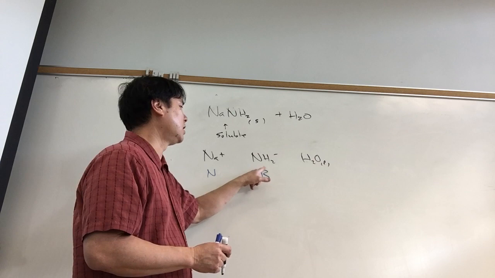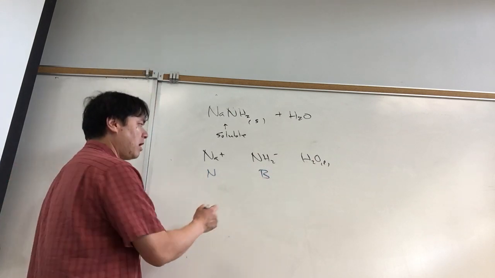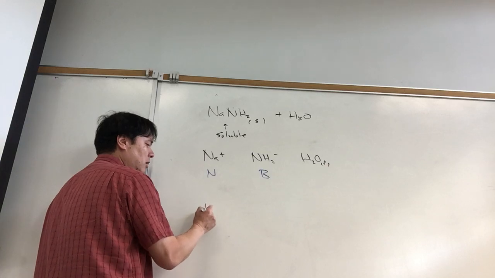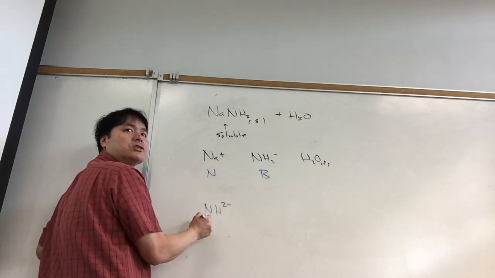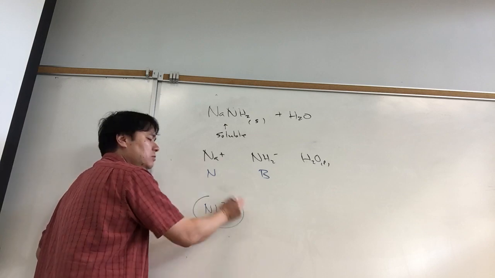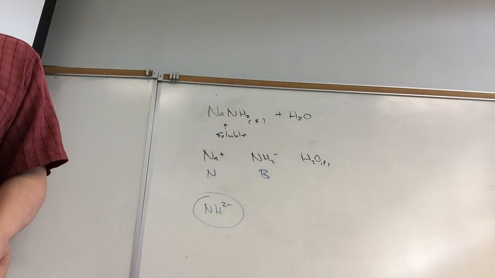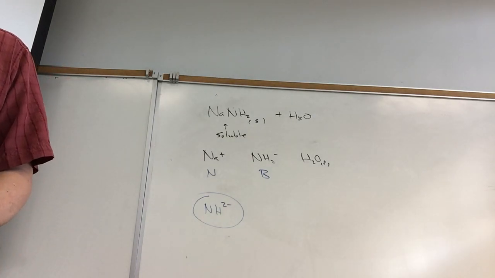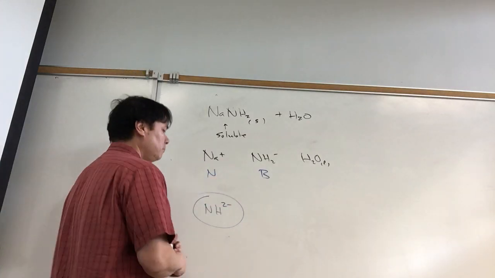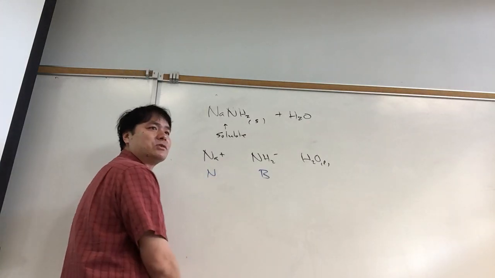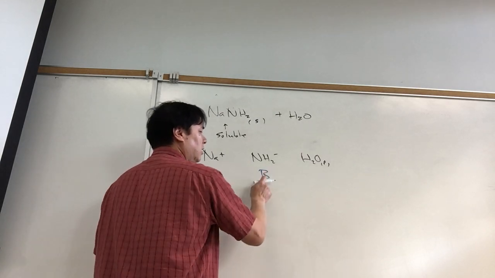If it loses a proton, it forms an even more powerful base than amide. If amide loses a proton, we'd be left with NH with a 2- charge. NH with a 2- charge should be a super base, something very, very powerful. And so technically this is amphoteric, but we aren't dealing with super acids and super bases, right? So we're just going to call it a base.